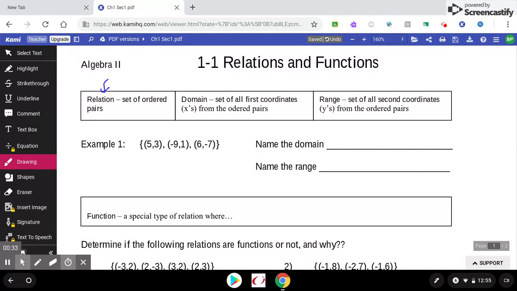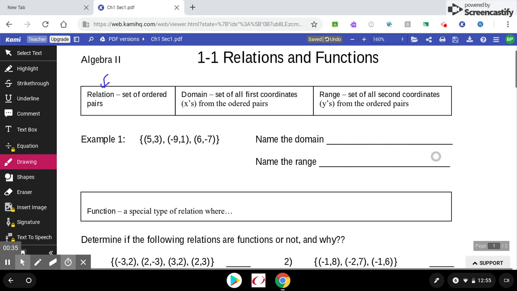So example 1 isn't going to get much easier than this the entire year in Algebra 2, guys. If we want to name the domain, literally we just have to write down a list of all the x coordinates. That funky little symbol there stands for a set of numbers, which I am terrible at making, but I'd like to see you guys doing. So the domain, well, what numbers are in the domain? I got a 5, I got a -9, and I got a 6.